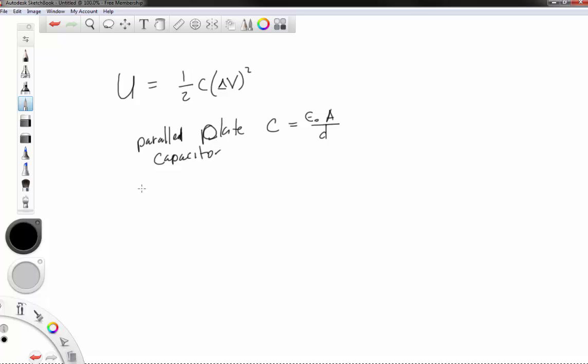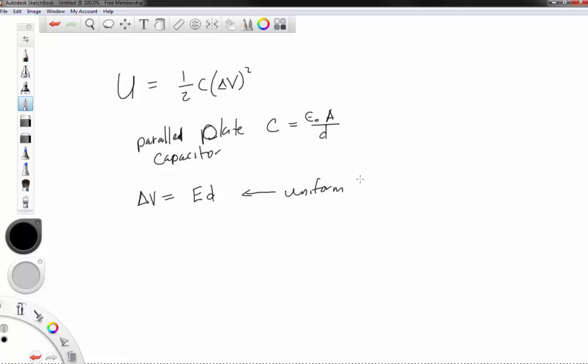The other thing is that for the same pair of parallel plates, we've already obtained previously that the voltage drop between the two plates is equal to the electric field strength times the distance between the two plates. And that's something that we got from the uniform field.